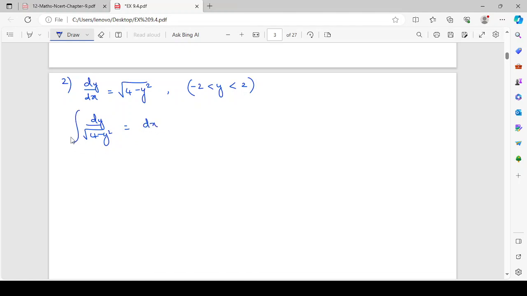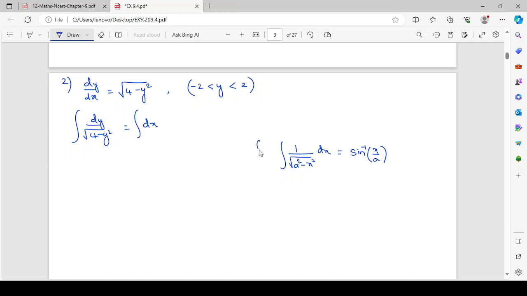After this, just integrate on both sides. It is in the form of integration of 1 upon root of a square minus x square dx. This is the formula, which is equal to sin inverse of x by a.